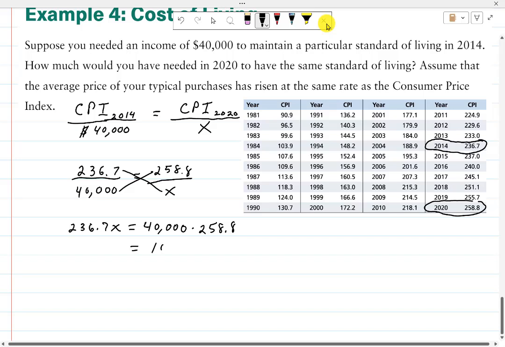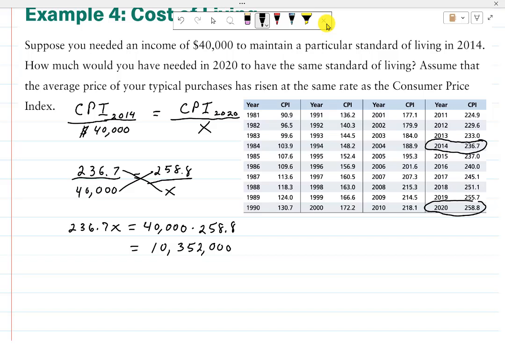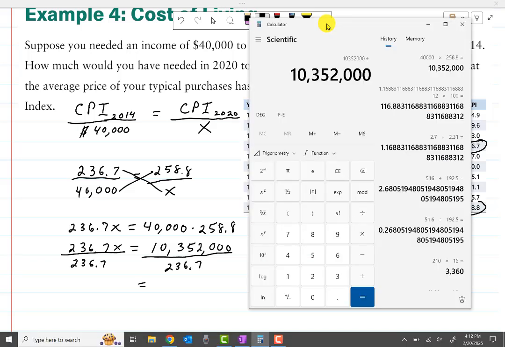On the right, I got 10,352,000. And on the left, I still have 236.7x. So I'm going to divide by 236.7.